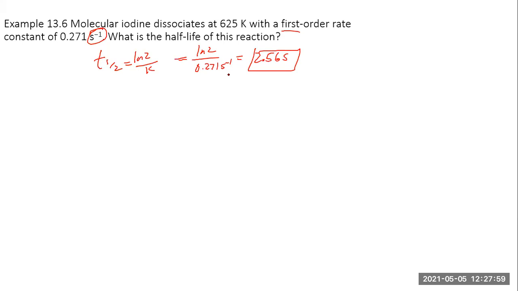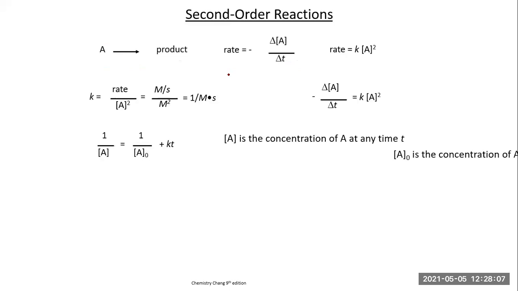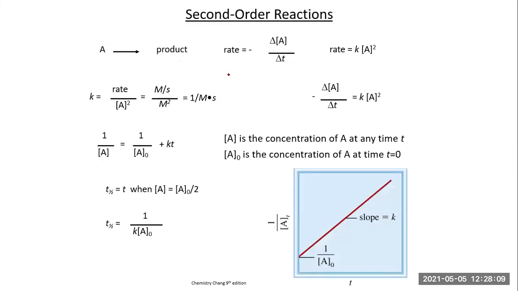Okay, so then let's talk about another very common order reaction, which is second order. In a second order reaction, a couple of things are similar and a little different than first order. First off, there are a couple of ways you could get a second order reaction. You could have, like we see here at the top, one reactant that has an order of 2.